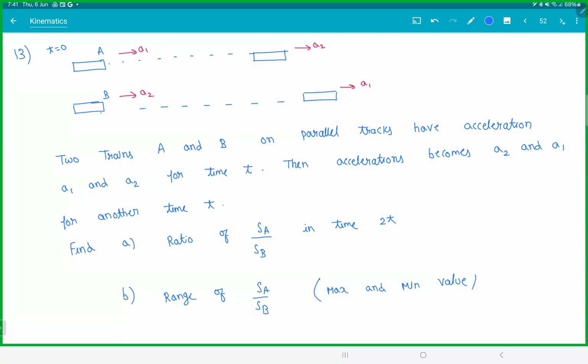Initial speed, we said starting from rest, no? So starting from rest, yes, initial speed is 0.